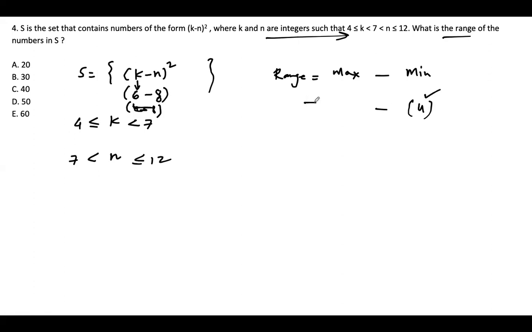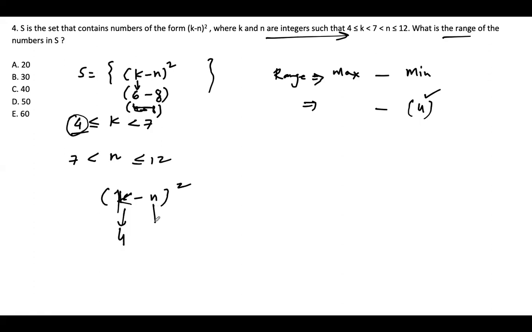And what will be the maximum value? You want this something square to be maximum. So what value of K and what value of n can you assume? 6 and 12. 4 and 12.